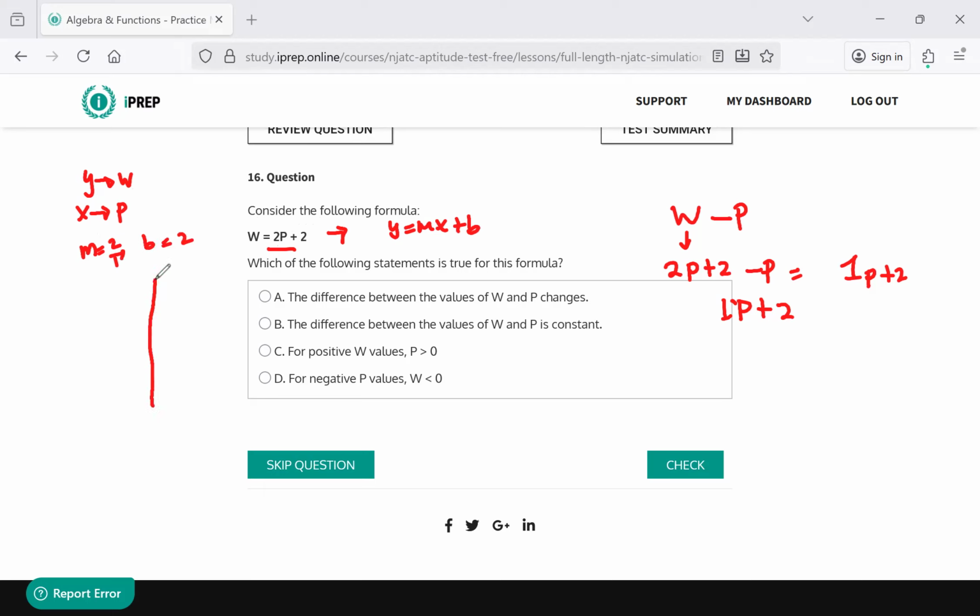If you draw it on a Cartesian plane, keep in mind our x is P, and my y is W. Okay, so my b is 2, and then my slope is 2 over 1, so go up 2, right 1.